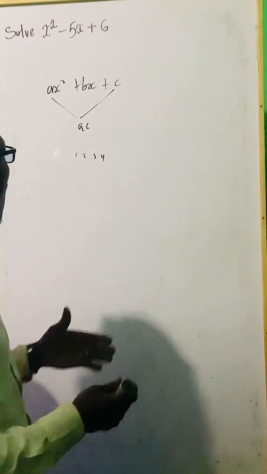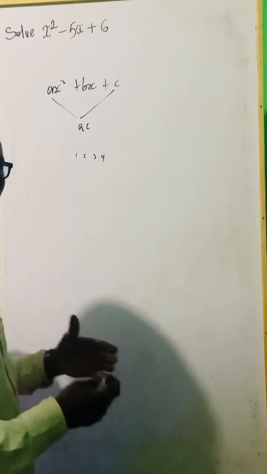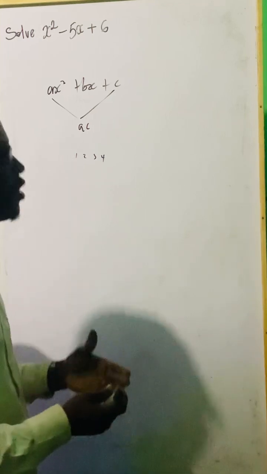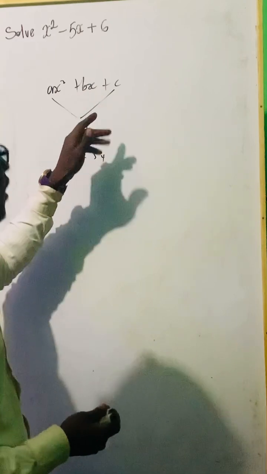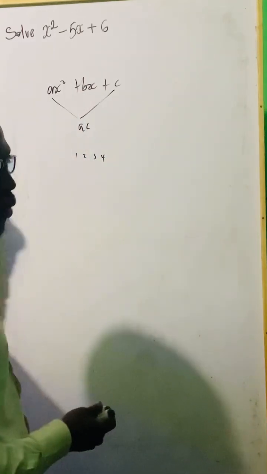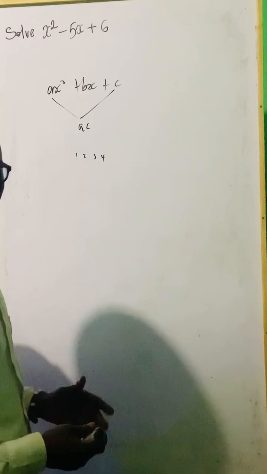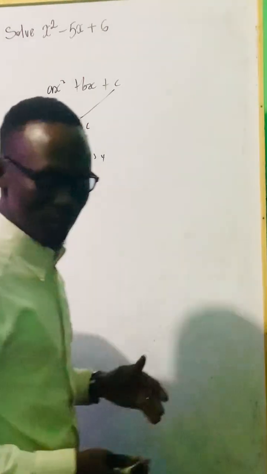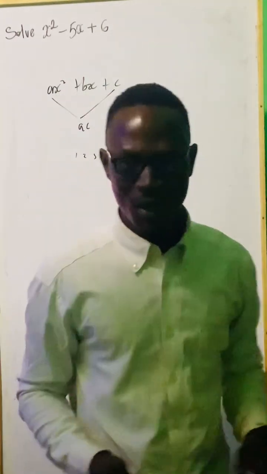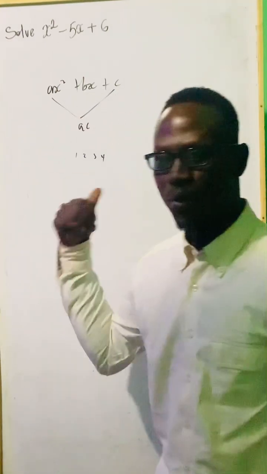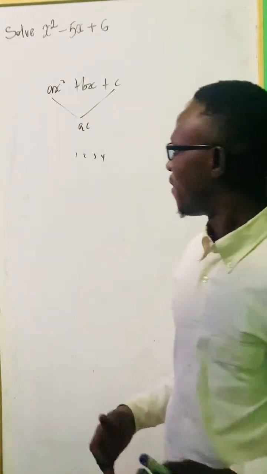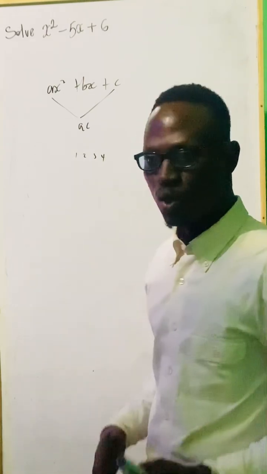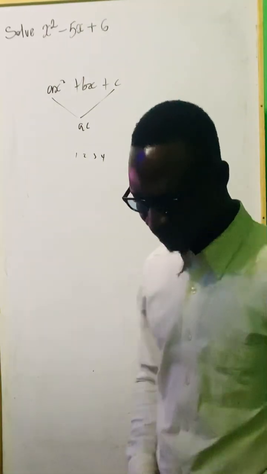Then you substitute those two values in place of bx. Then you have one at the right hand side and two at the left hand side, and you factorize it simply. In this case, we call it the factoring method. Under the factoring method, this is what you need to do basically to solve this.